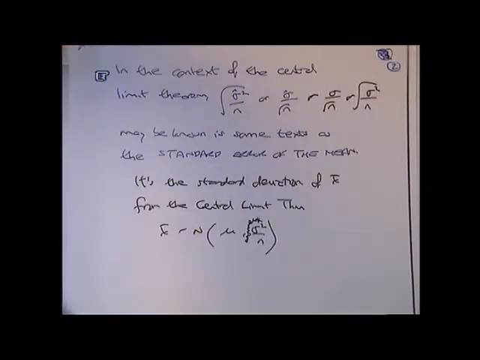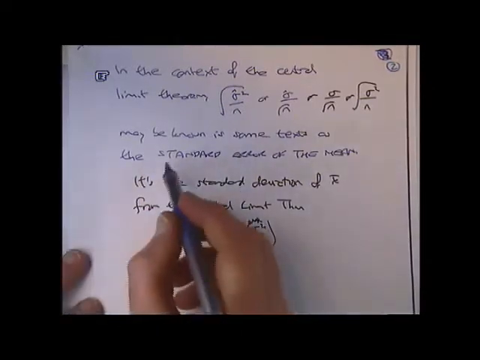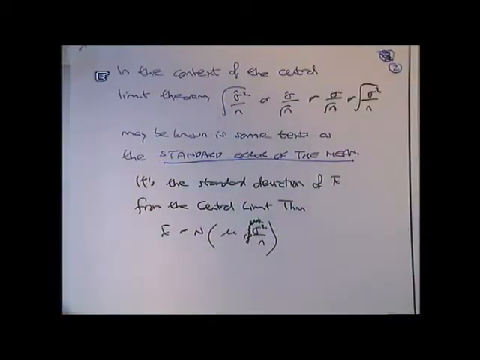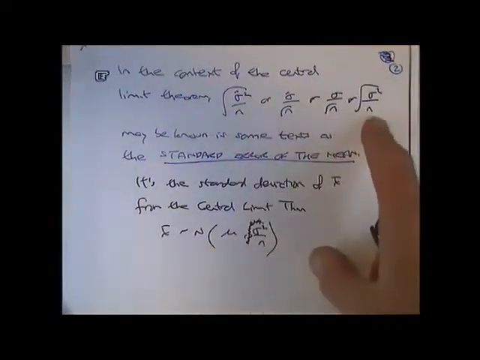There's one other bit of terminology which you might come across in some questions, and that's the phrase the standard error of the mean. The standard error of the mean is basically sigma squared over n, square rooted, which is sort of what it's got here.